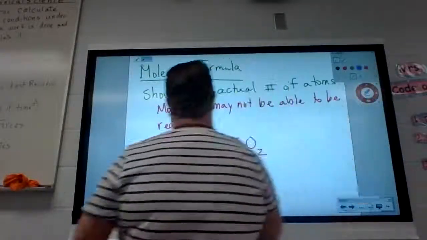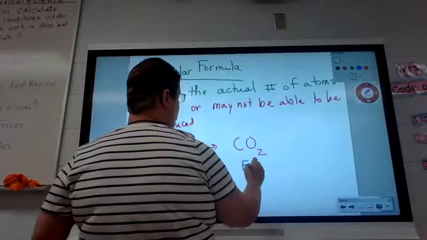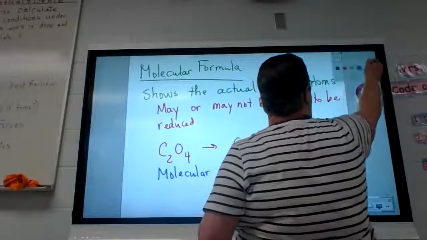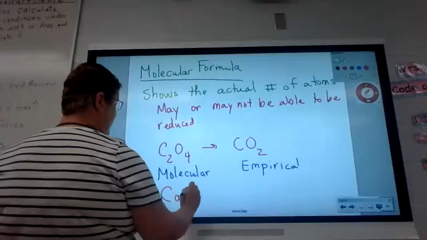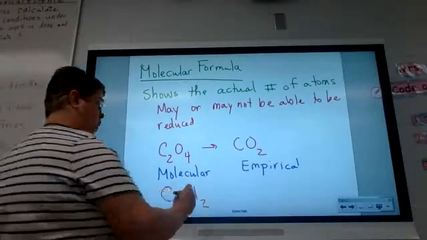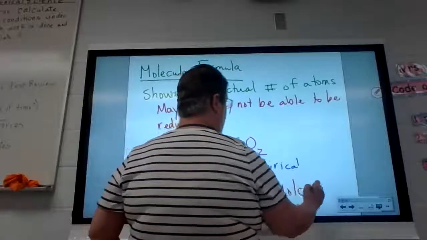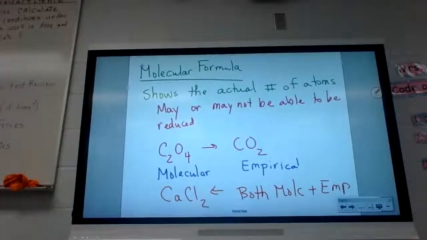So, this is molecular. This is empirical. But, if you have something like, let's just say we have CaCl2, can it be reduced? No. That's both molecular and empirical. Okay? It's both the molecular and the empirical, because it can't be reduced.